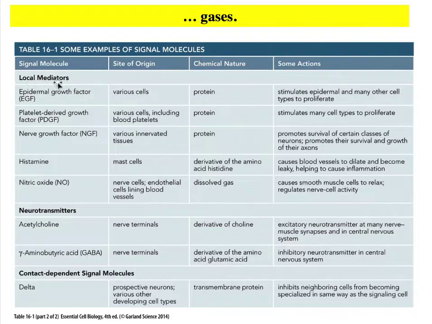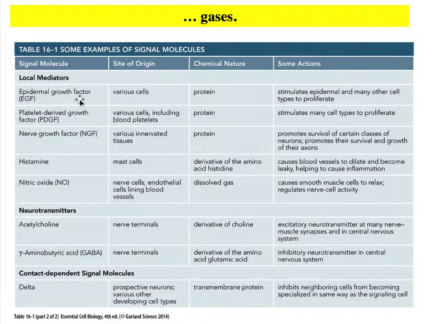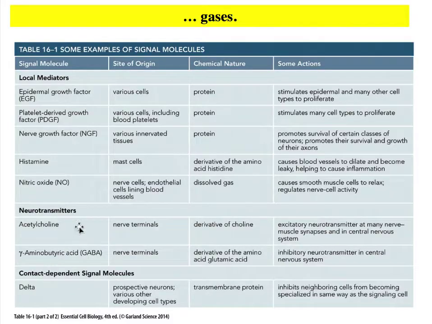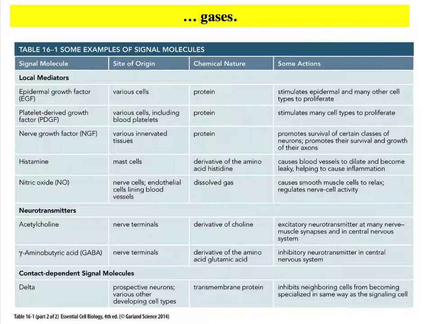So examples of local mediators, these are the substances that are paracrine, as indicated here, would be epidermal growth factor, EGF, platelet-derived growth factor, PDGF, etc., etc. The next category will be synaptic molecules, and examples of them are given here as acetylcholine and GABA. And then finally, the last class, which we already spoke about in the case of the Drosophila, they will be the examples of delta. So these are enough for you to understand.